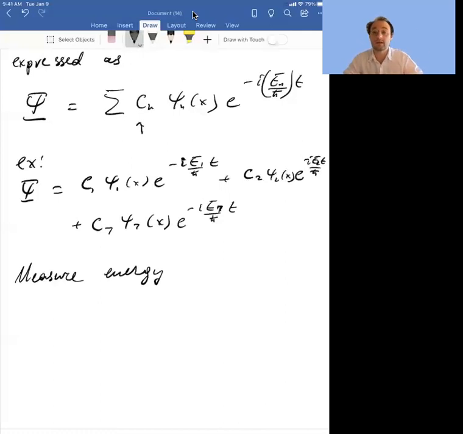What does it predict as far as what we would actually measure in the lab? So for example, let's say you measure energy. You will get either E1 or E2 or E7 and nothing else. You will never get E8 because E8 is not represented in this particular sum.